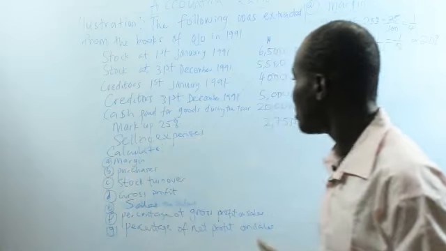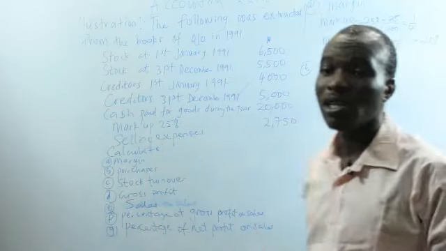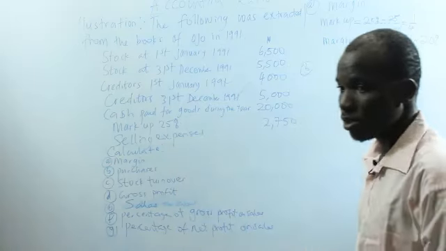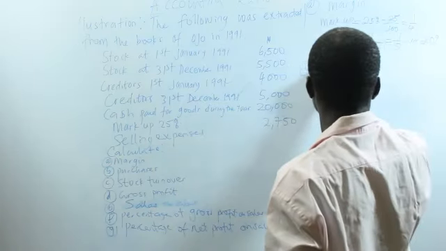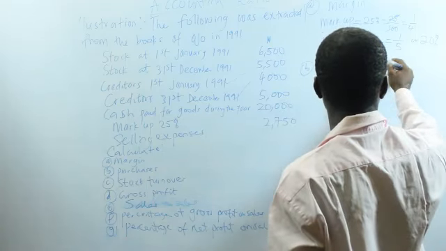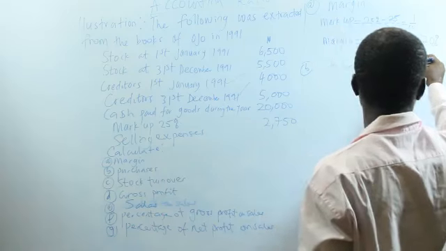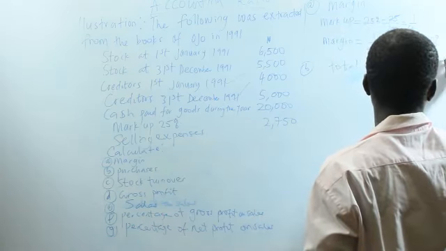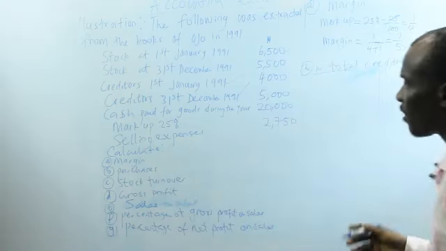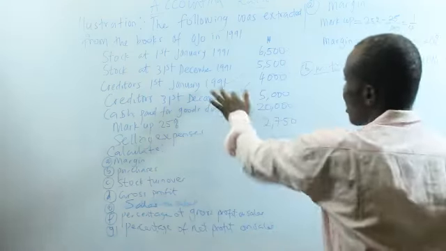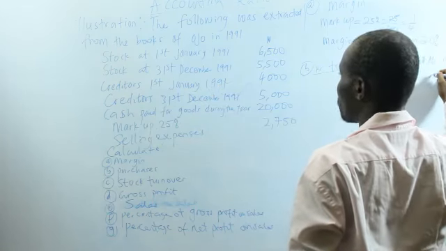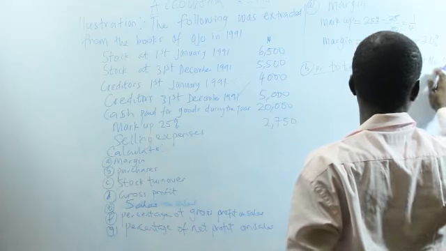So we can calculate the value of the purchases through the total creditors control account. We have credit and we have debit. So we have the credit side, balance brought down 1991, which is 5,000, which is 4,000.